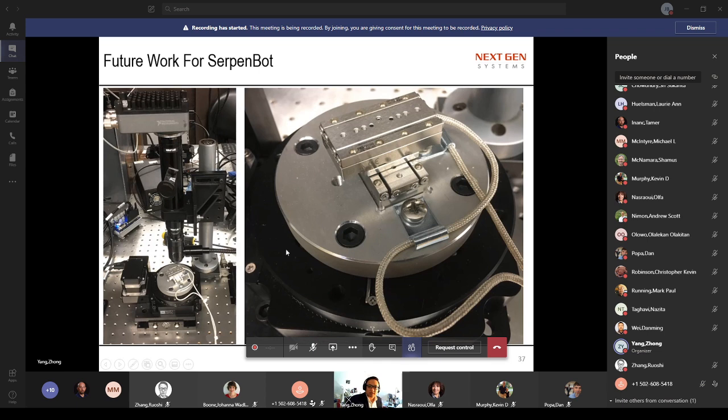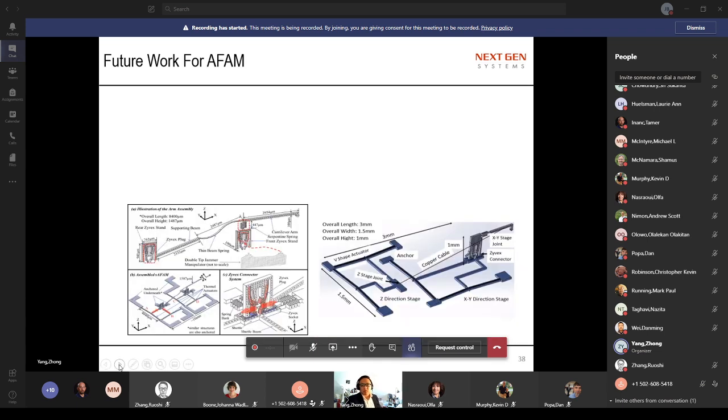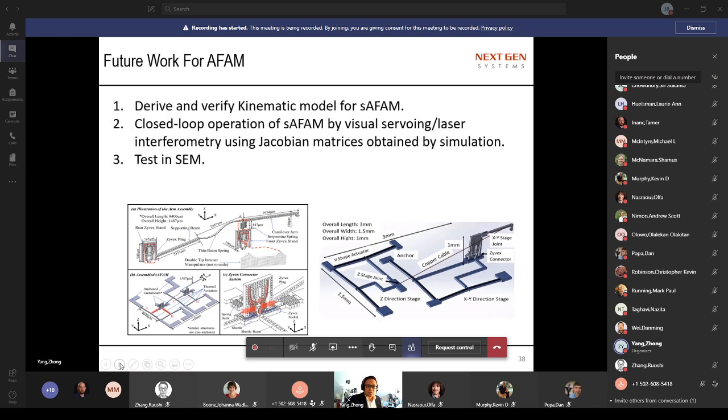The rotational stages are from Zebra company. For the AFM, we have future work. We will do several tasks.